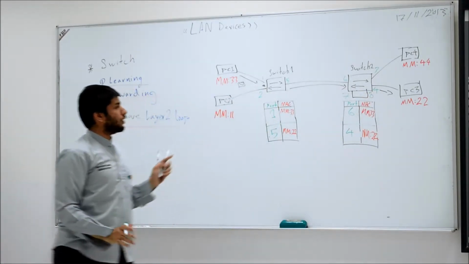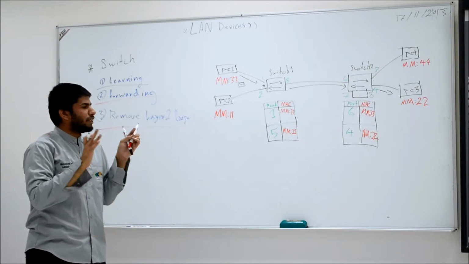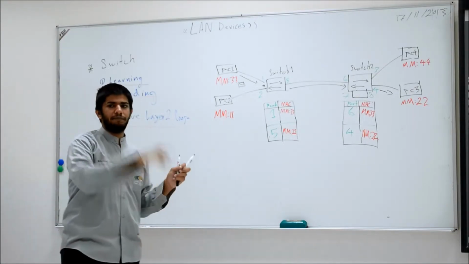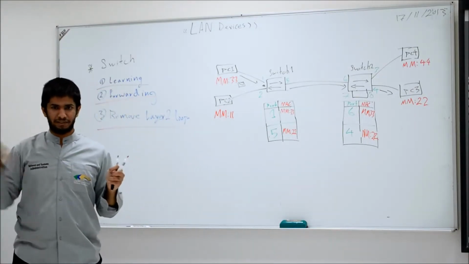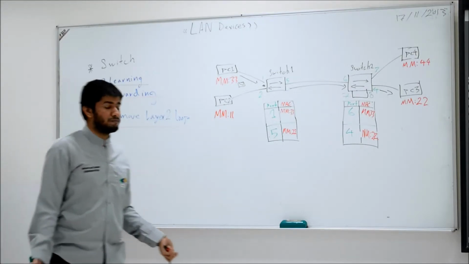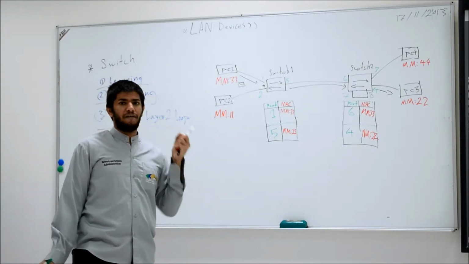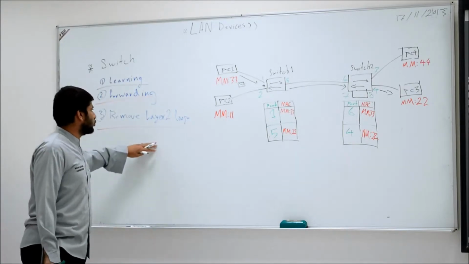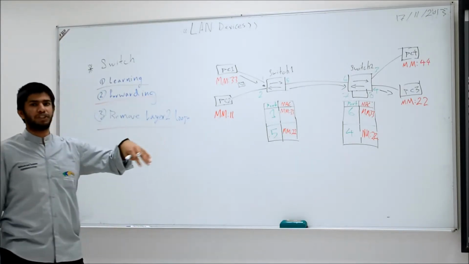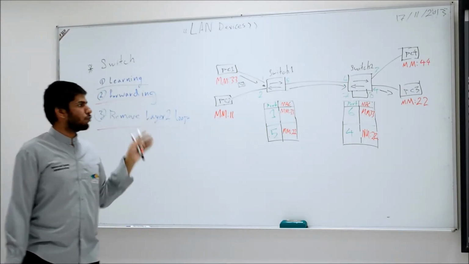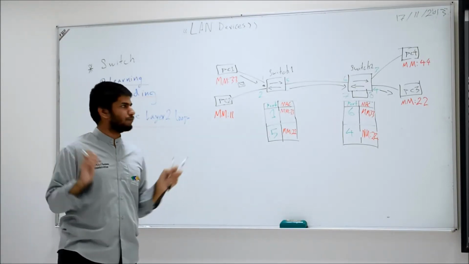When you send the packet and make it flood, the packet goes like a circle. So there is a function to remove the layer 2 loop called the Spanning Tree Protocol that solves that problem.